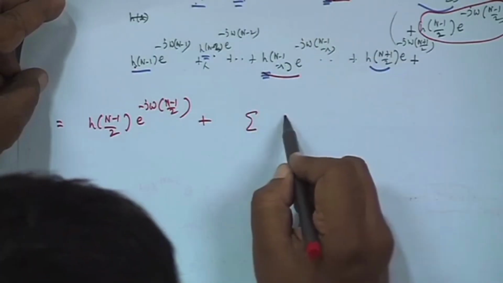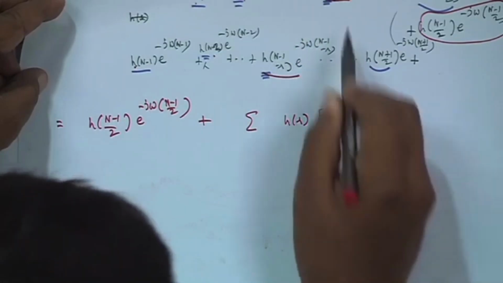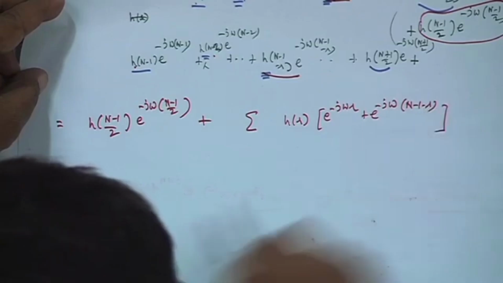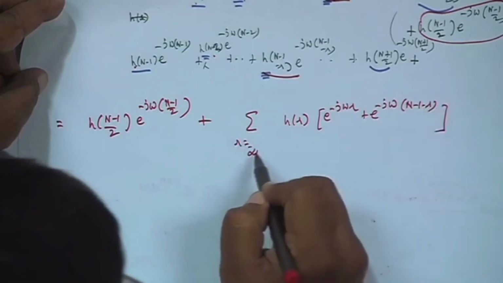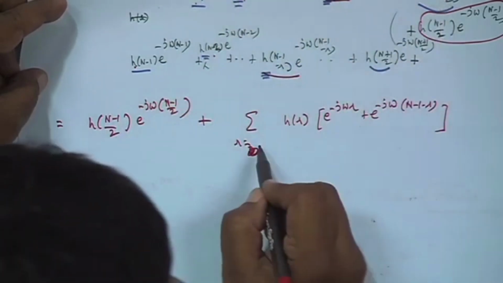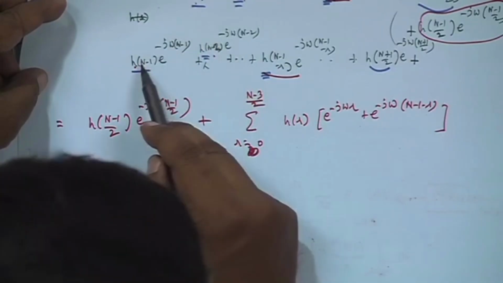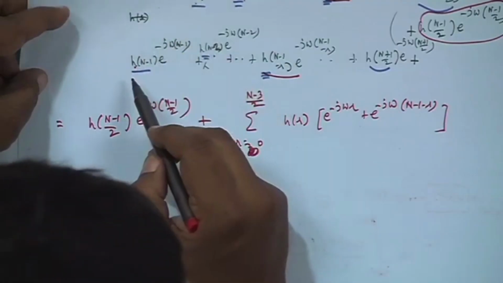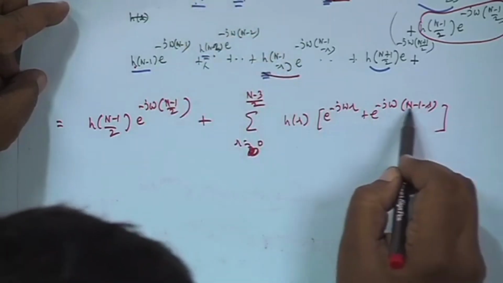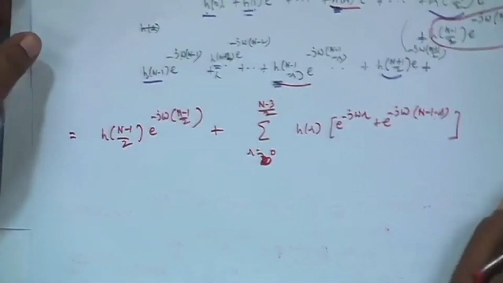So, for the general term I take h r common. So, it is e to the power minus j omega r here, and e to the power minus j omega times n minus 1 minus r. Here r is 0, 1, up to n minus 3 by 2. For r equals 0, these two are common. So, you have e to the power j omega 0, which is 1, coming from here, and e to the power minus j omega times n minus 1 coming from here, like that, the general case. This is the situation. Okay.